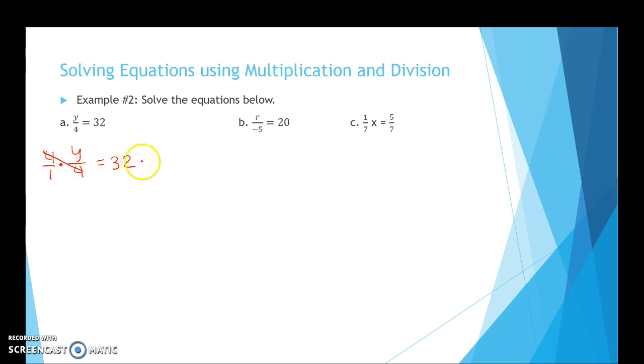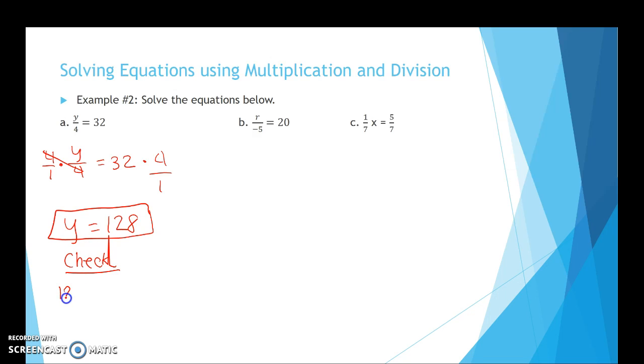But whatever I do to one side, remember I have to do to the other. So I'm going to multiply by 4 over 1 on the right. So here for a, I'm going to have y equals 32 times 4 is going to give me 128, divided by 1, that's just 128. So y equals 128. I can check my work by plugging in 128 into the solution.